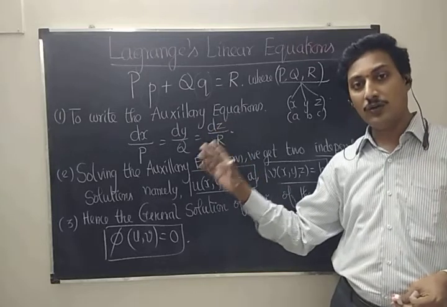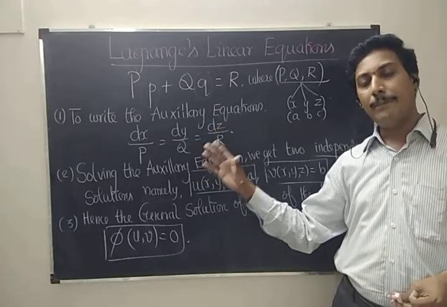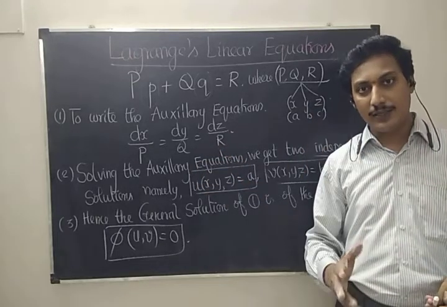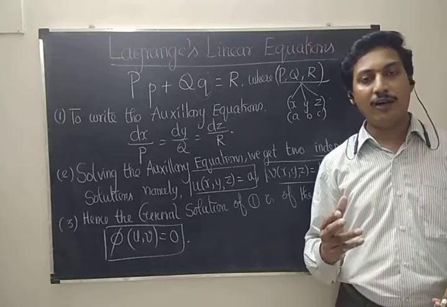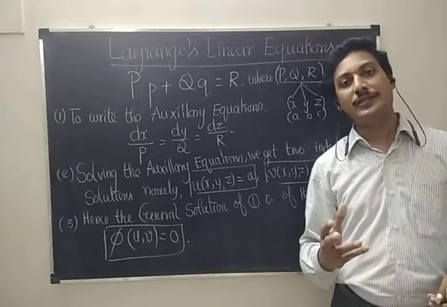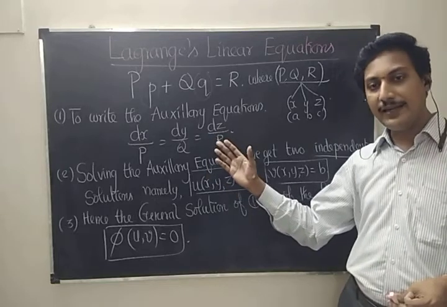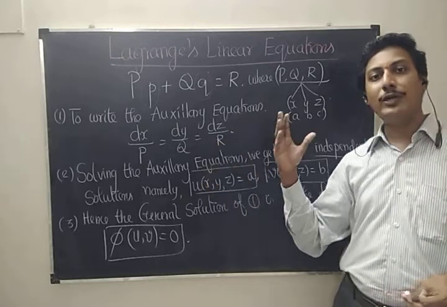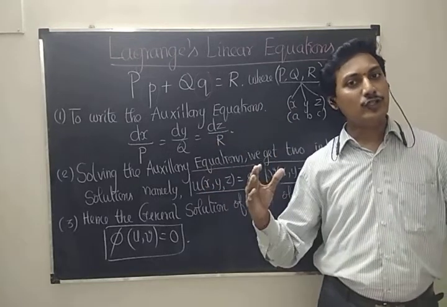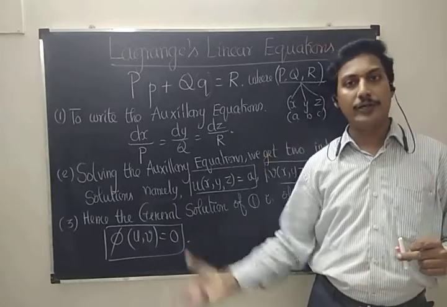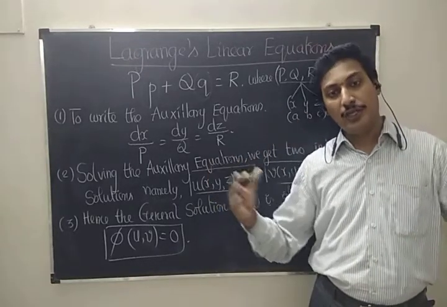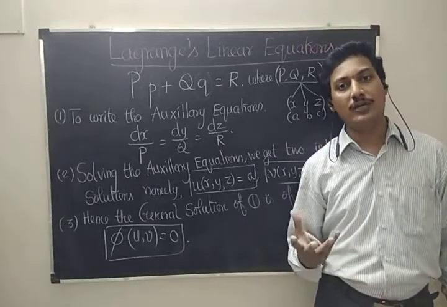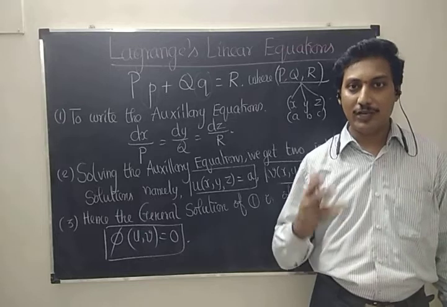I am going to solve this auxiliary equation using the method of grouping, or sometimes the method of multipliers, or sometimes the properties of ratios, like componendo and dividendo, or adding two ratios and equating to the third ratio.